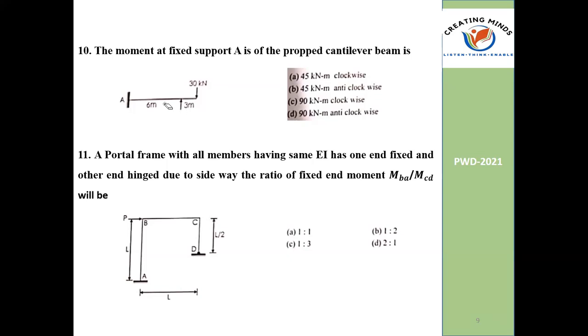MBA by MCD. That is column sway. MBA by MCD means HA by HD. Sir, answer is 1:2. Any other answers? Have you guessed or calculated? Calculated, sir. Okay. Any other answers?